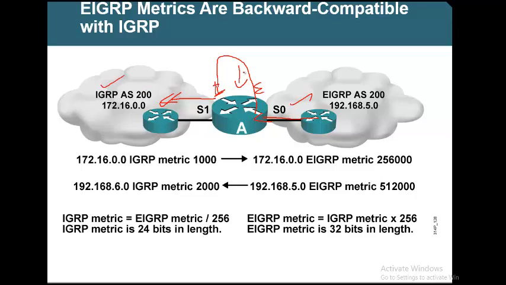Because both are from the same protocol, Cisco protocol, only the enhancement, so that division and multiplication will happen automatically. You don't need to do any multiplication or division. As long as this autonomous system number is same on either side, they can send and receive the update, no problem. EIGRP can give its routes to IGRP, and IGRP can give its routes to EIGRP.